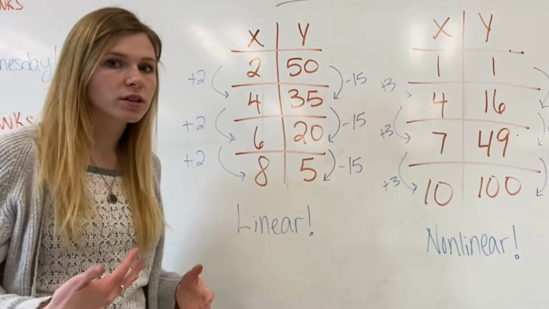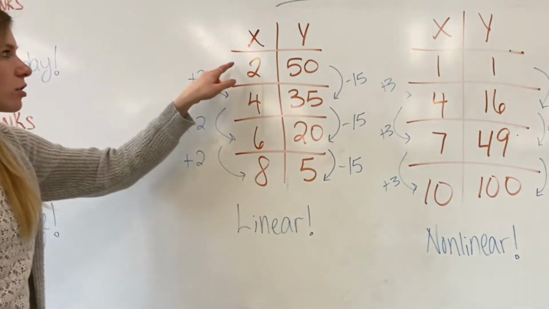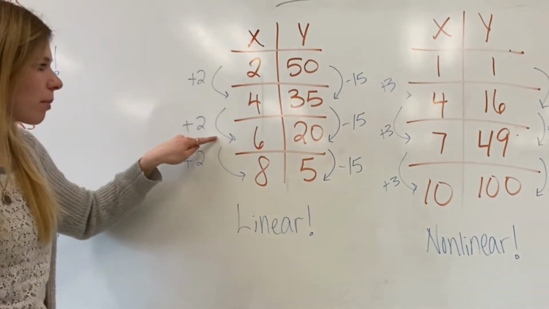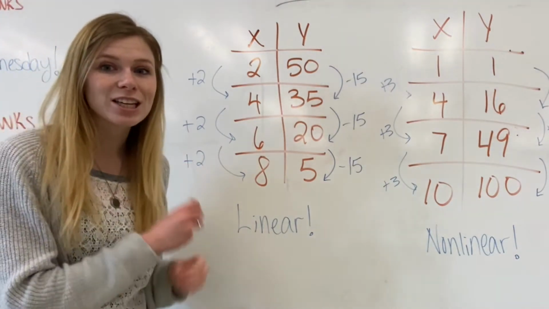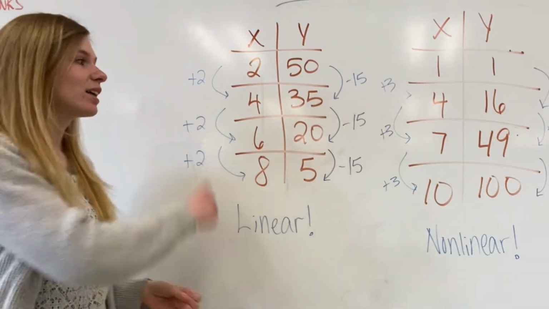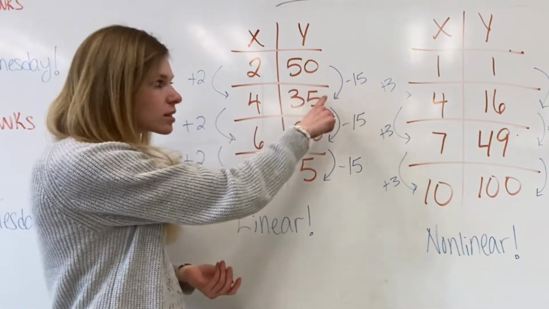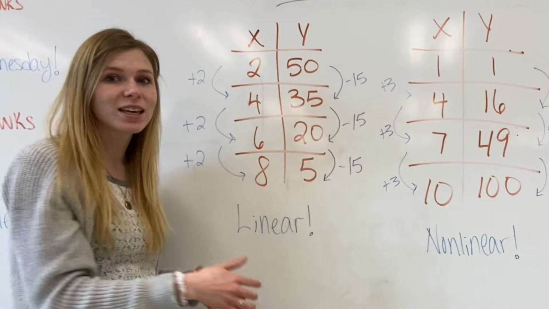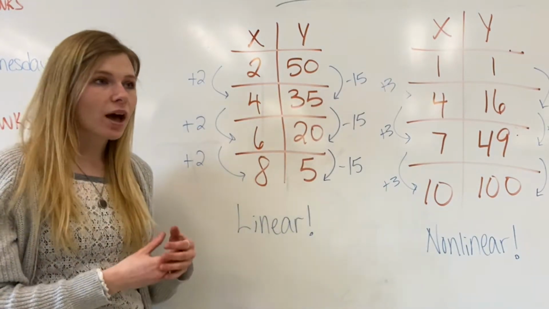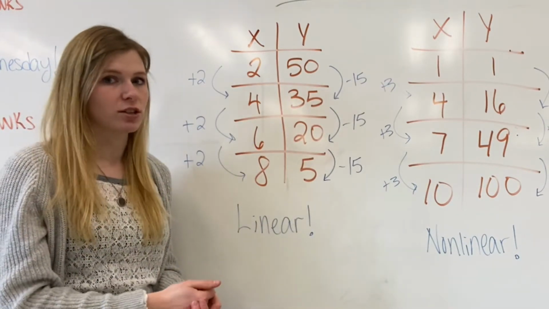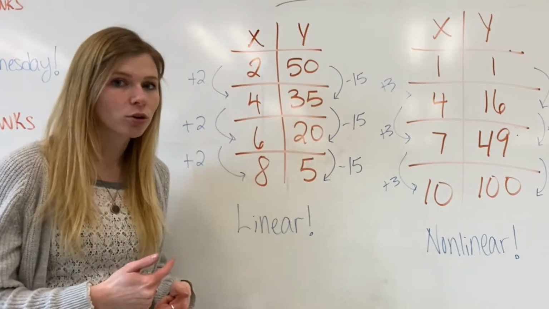So what we notice, the rate of change that's happening is in the domain, it's increasing by 2 each time. It consistently increases by 2 each time. On the range, it's consistently decreasing by 15 each time. Because it has a constant rate of change, I mean it's changing by the same value.